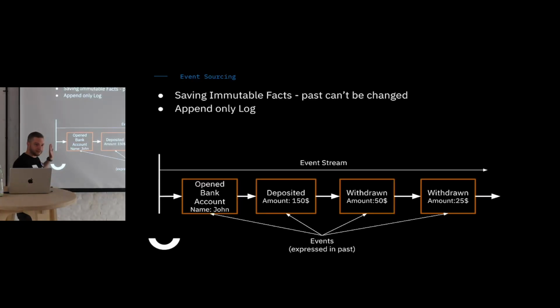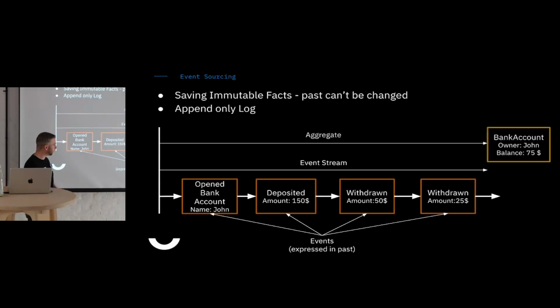So these are just some terms of event sourcing. The orange boxes are called events. And when we consider all the events for a certain bank account, for example, it's called an event stream.